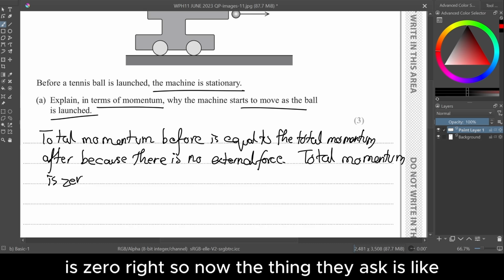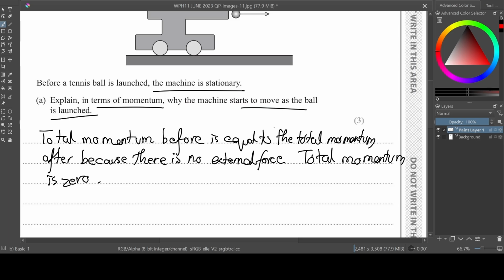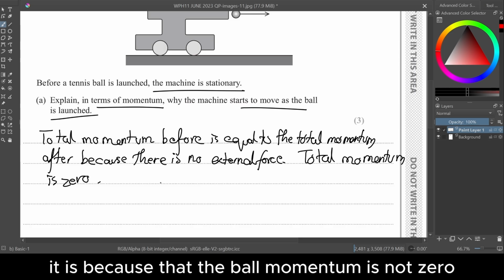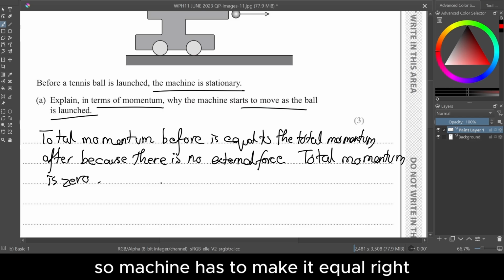Is zero, right? So now the thing they ask us, like, why the machine starts moving then? If the total momentum is zero, it is because the ball's momentum is not zero after the machine launches it. It has momentum, so the machine has to make it equal, right?